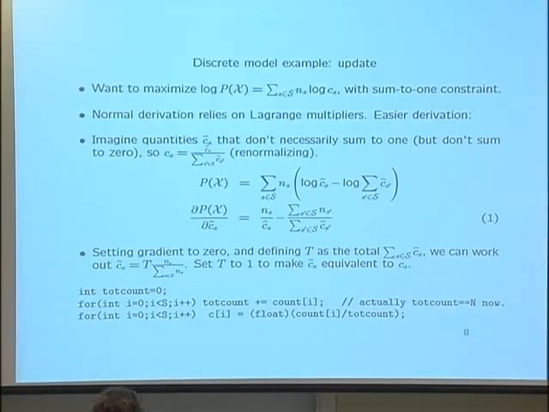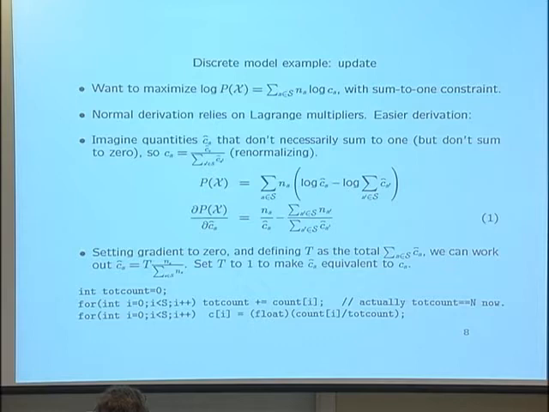And it comes out to ns over c hat sub s, minus the sum over all of them. I think this top one is the total count. Yes, this is the total count, and this is the sum of the c hat sub s.